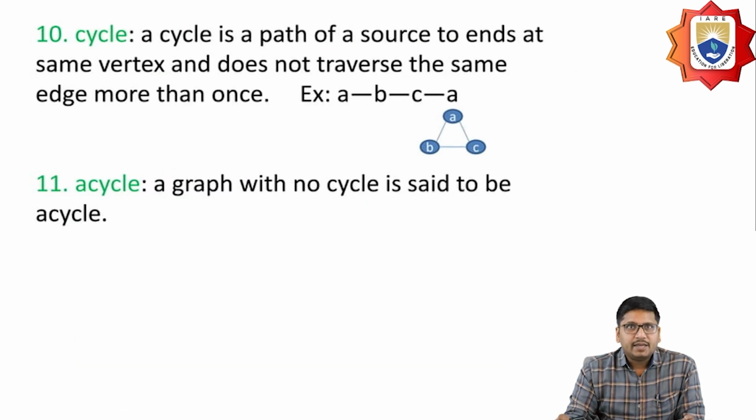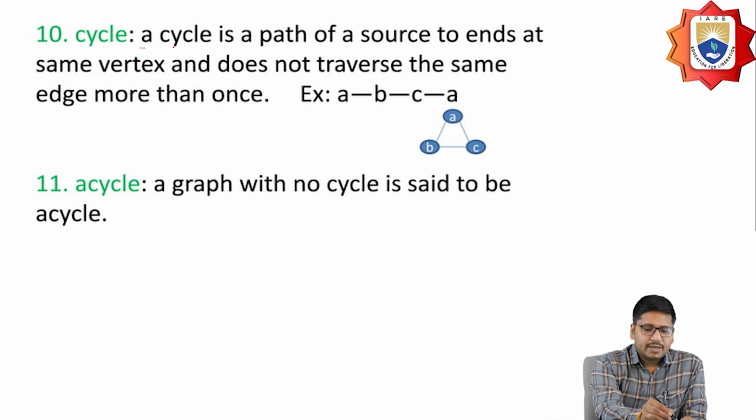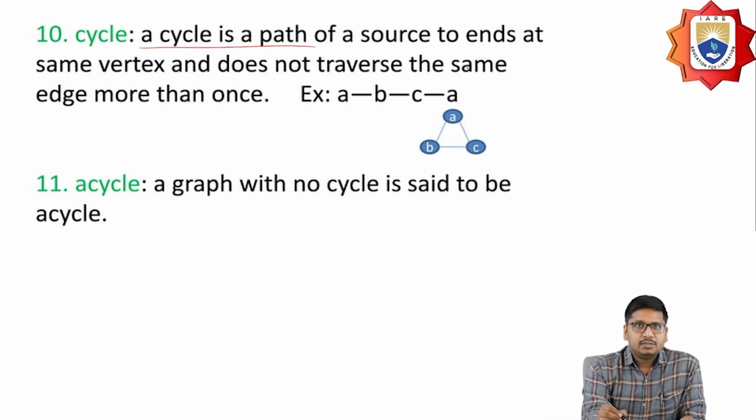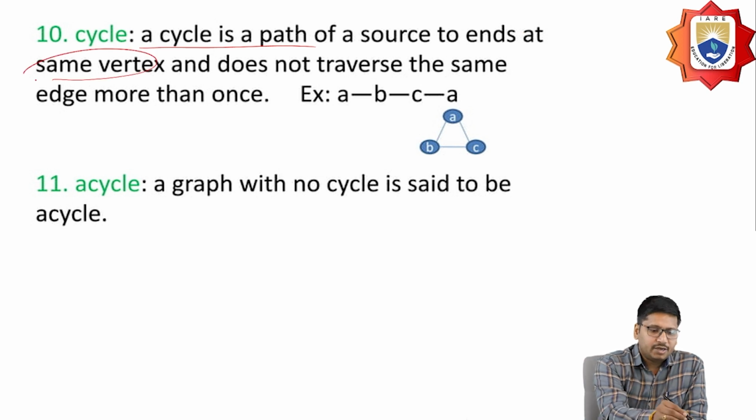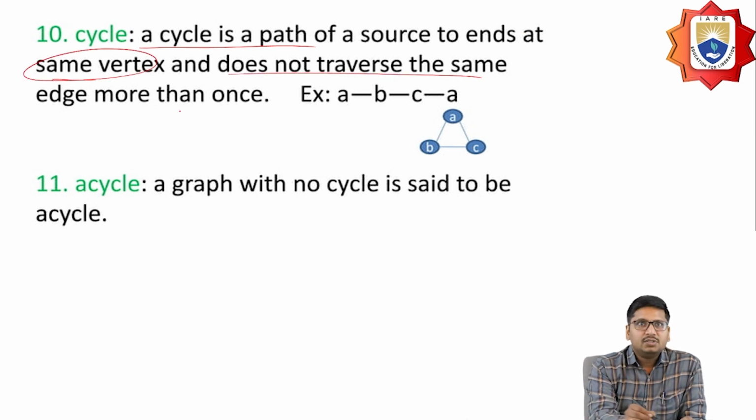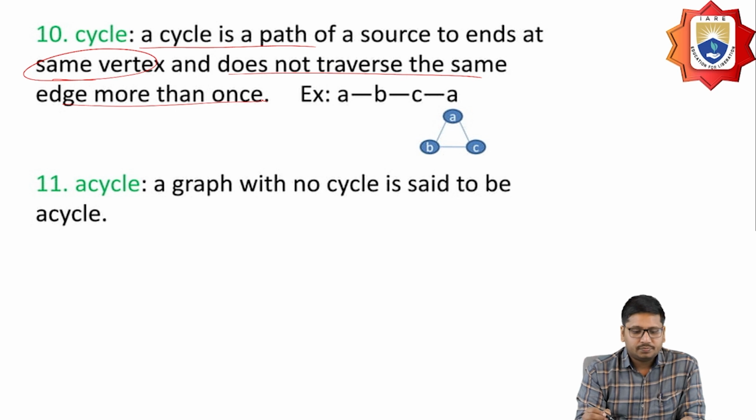And next one, what is a cycle here? A cycle is a path from the source that ends at the same vertex and does not traverse the same edge more than once.